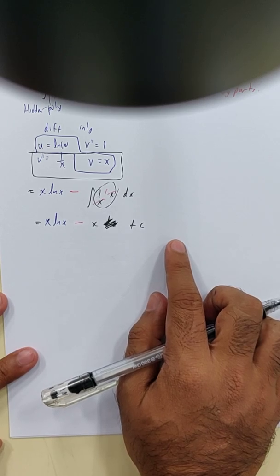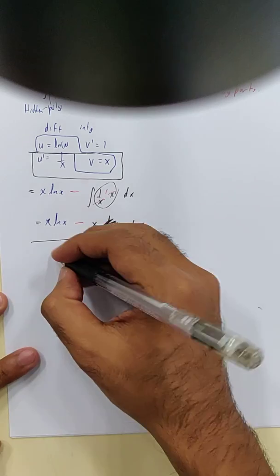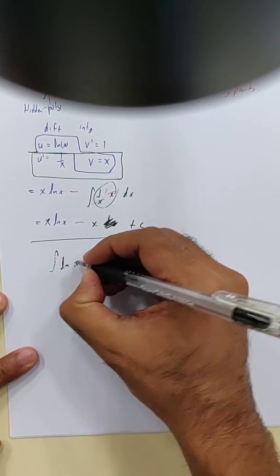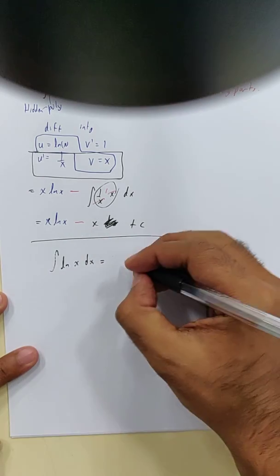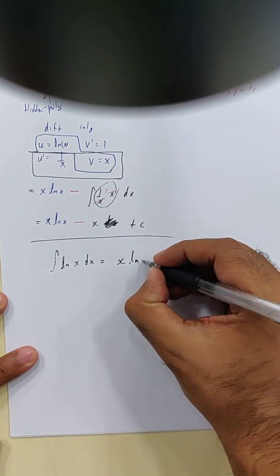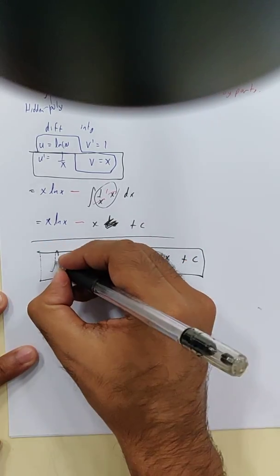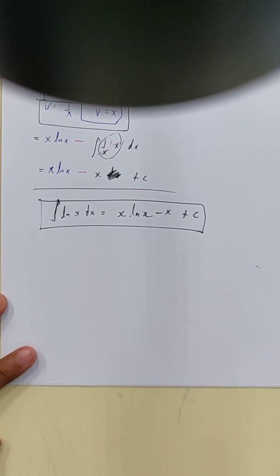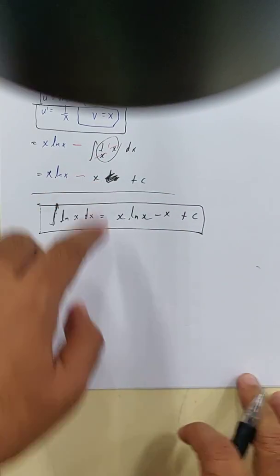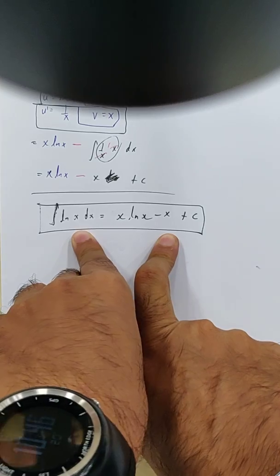In fact, in exams, if they ask you to integrate ln x, you can answer straight away: x ln x minus x plus c. Technically, you can memorize it. But if you don't memorize them, at least you know how to get them. Okay, so we got until this far.